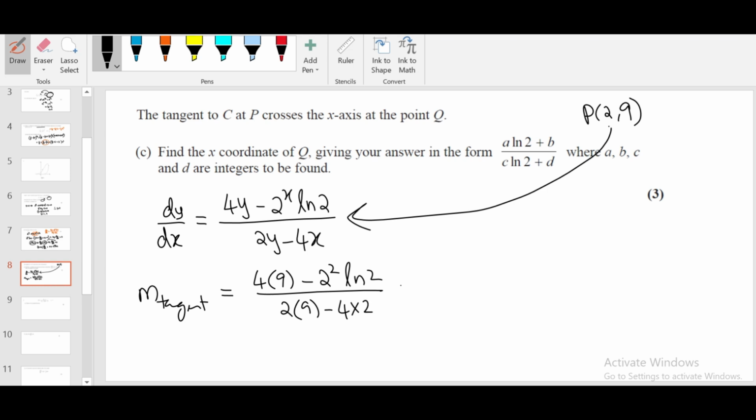So that's going to be 36 minus 4 ln 2 divided by 18 minus 8 is just 10. Or take 2 as a common factor and cancel. You'll get 18 minus 2 ln 2 divided by 5.